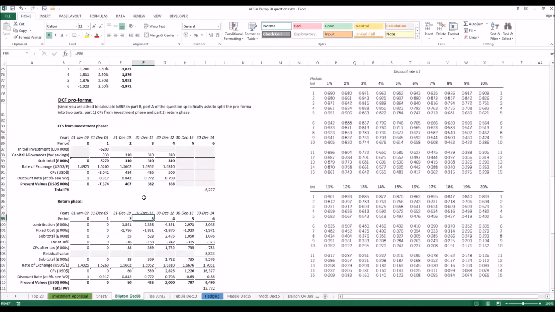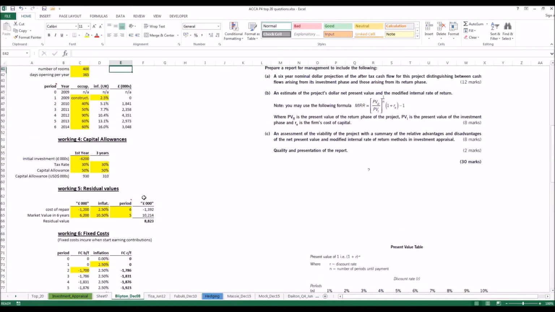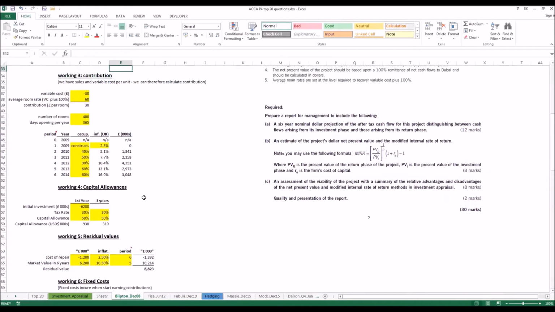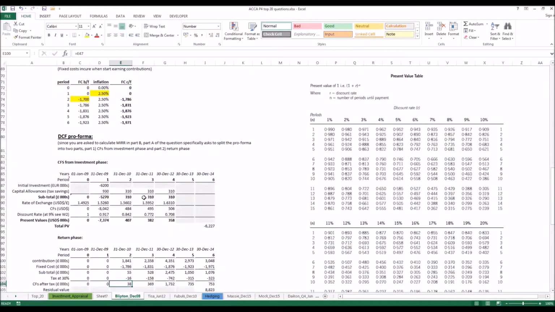In terms of the contribution, that will be put into the return phase. And this has been calculated from working 3: 1.8, 2.3, 4.3, 2.9, 3 million. So here we have the contributions.